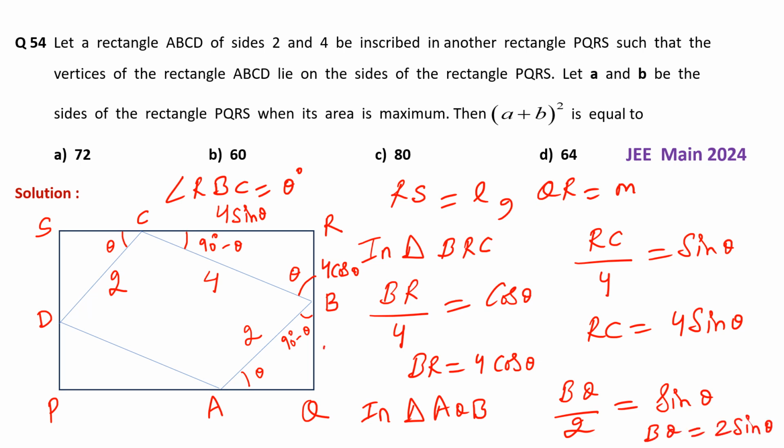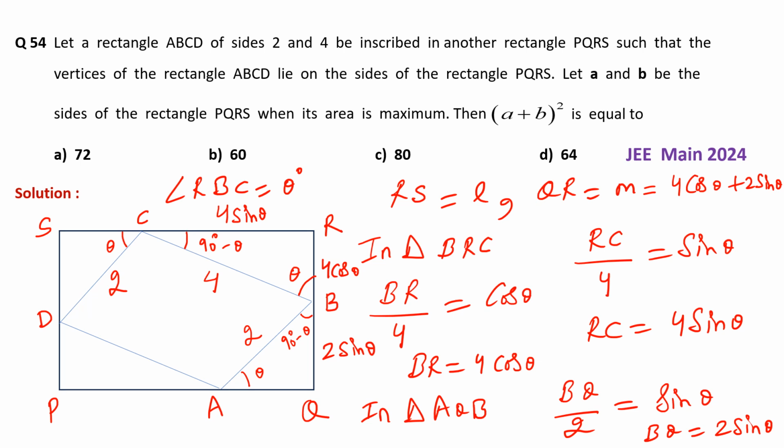So that means BQ is 2 sin theta. Now you can easily write the value of small m in terms of theta. Small m is just QR, so it becomes 4 cos theta plus 2 sin theta. Similarly, we will find the value of L in terms of theta.